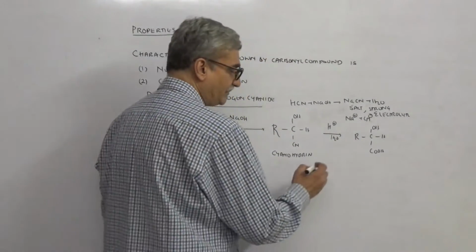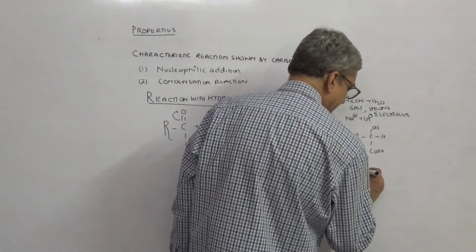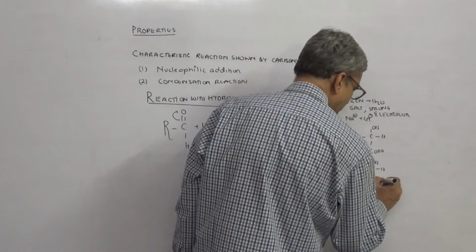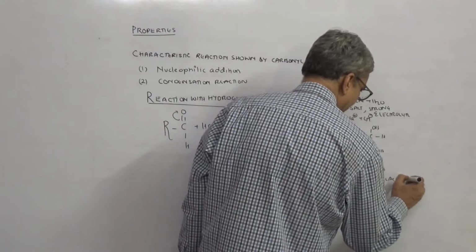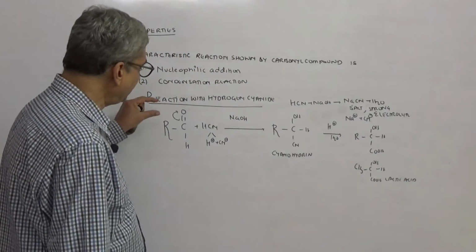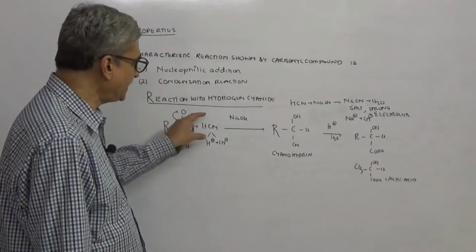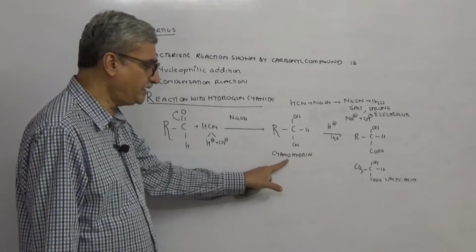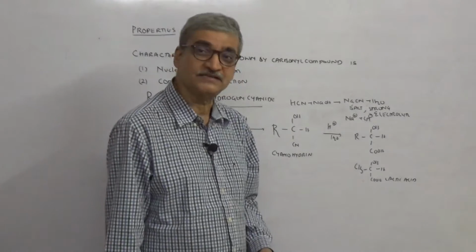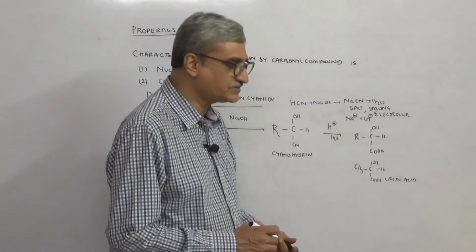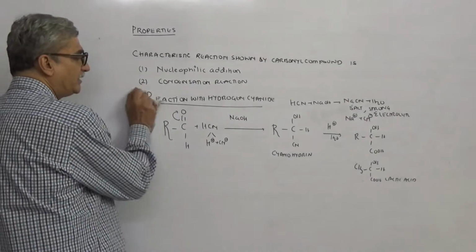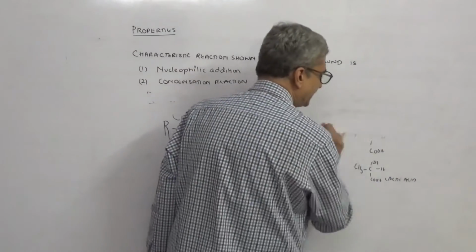So it will be CH3, C O H, H, COOH. This is lactic acid. So they ask this question: acetaldehyde reacts with hydrogen cyanide, forms compound A. Compound A on hydrolysis forms compound B. Compound B is lactic acid. That's another way of asking the same question. Is this clear? So that is the reaction with hydrogen cyanide.